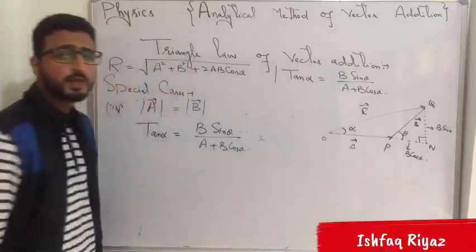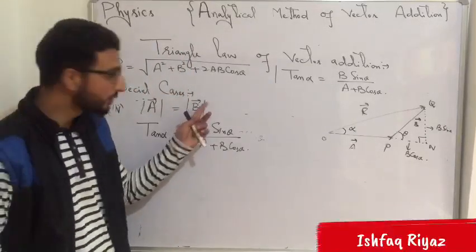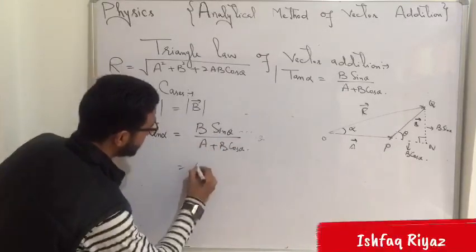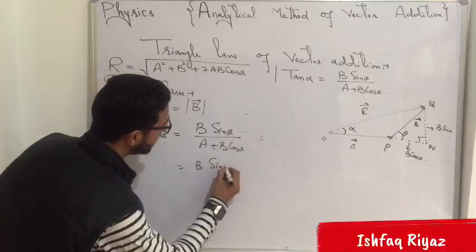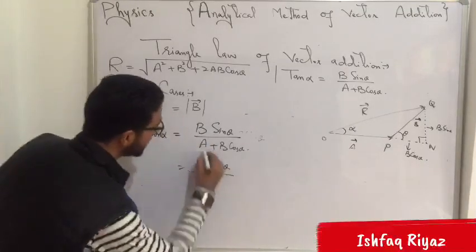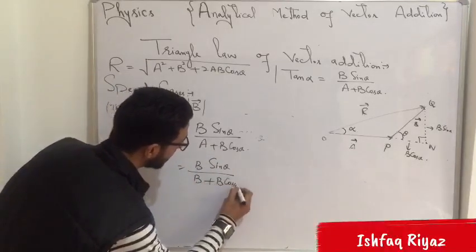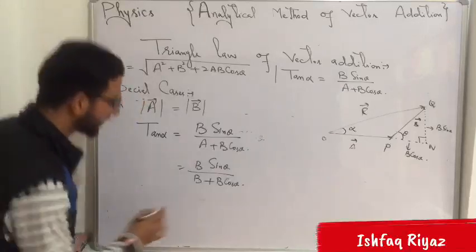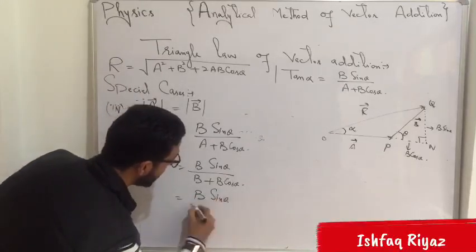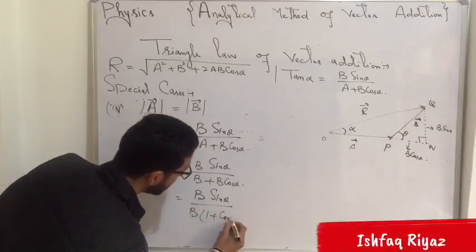Since we are discussing a special case, where magnitude of a is equal to magnitude of b, I can write b in place of a as well. So this is b sin theta divided by b times 1 plus cos of theta, taking b common.